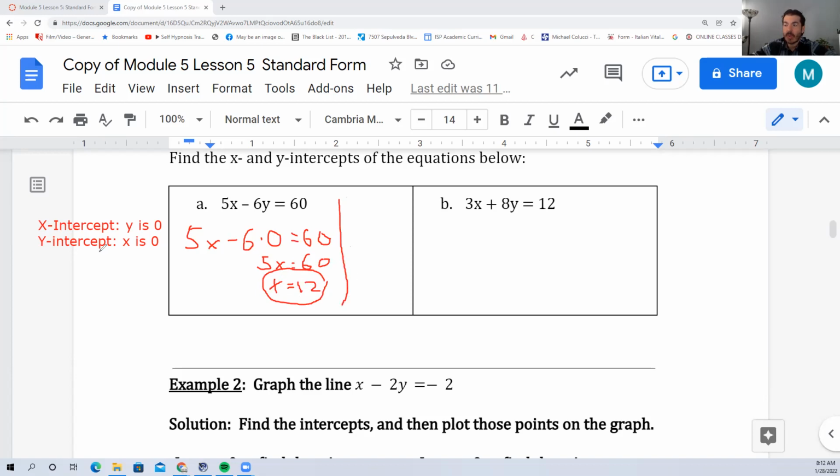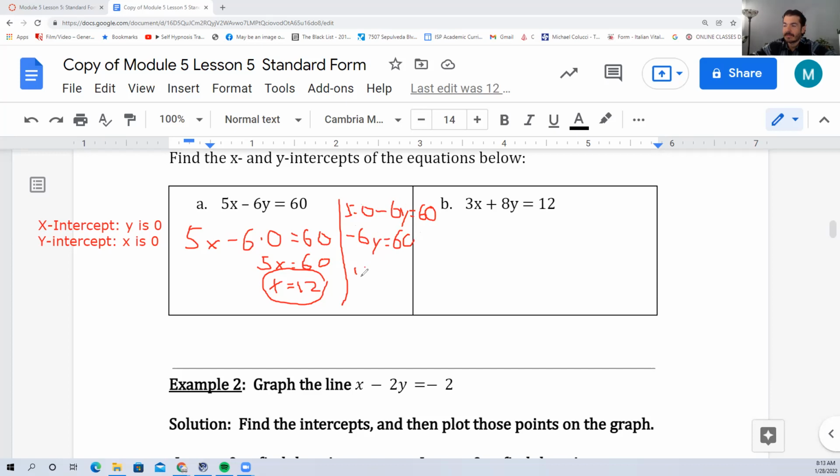My y-intercept, well, to find the y-intercept, x is 0. So I'm going to say 5 times 0 minus 6y equals 60. This goes to 0. I have negative 6y equals 60.